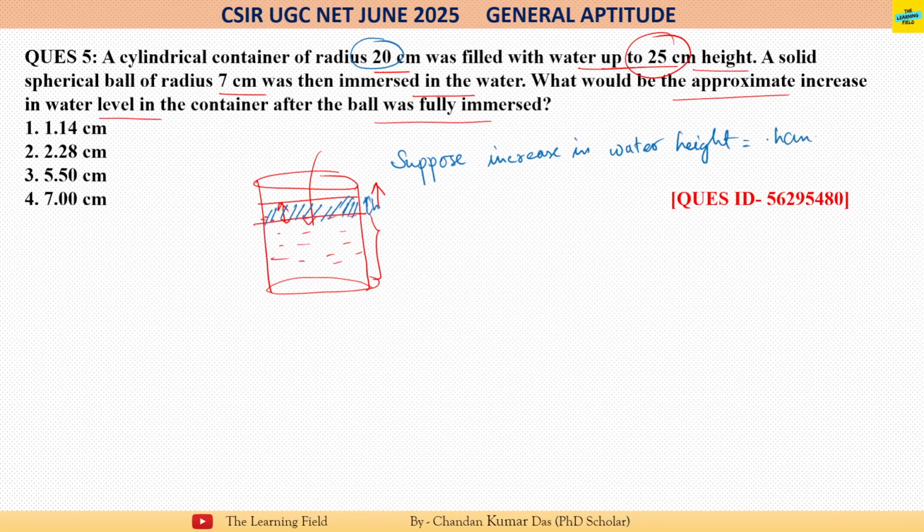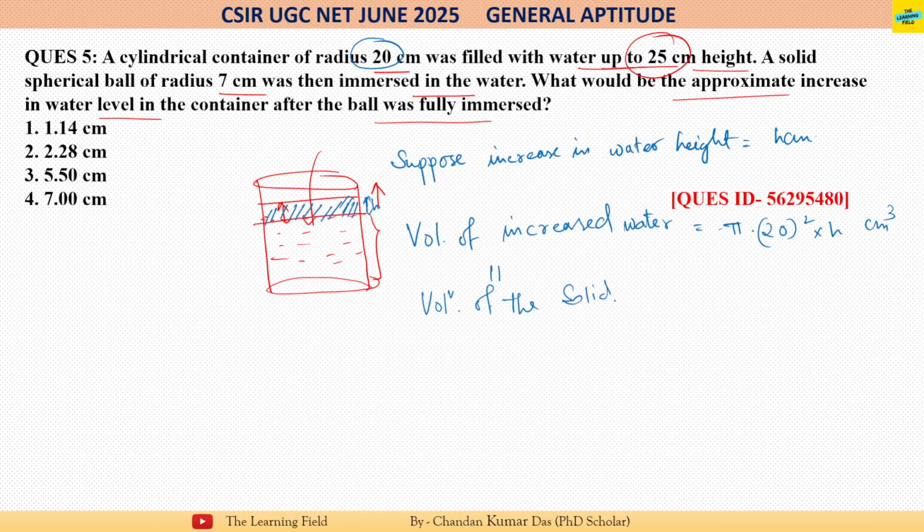Suppose the increase in water height equals h centimeter. That means the volume of increased water is equal to pi into 20 squared into h cubic centimeter. This is equal to the volume of the solid sphere, which is 4/3 pi r cubed, with r being 7.